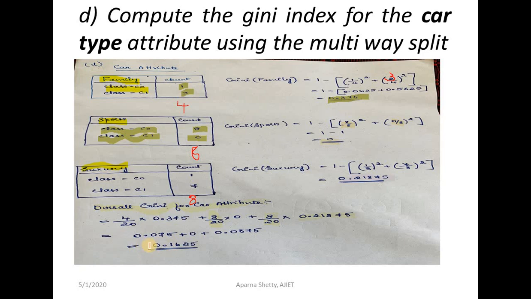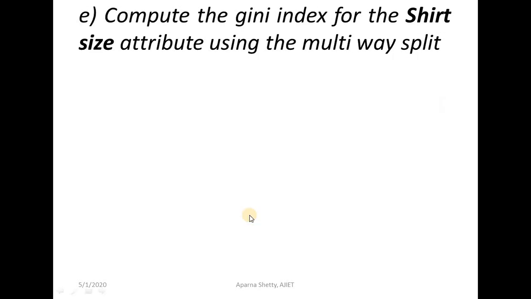Hence we will get the overall Gini value for the car attribute, that is 0.1625. This is the Gini index for the car attribute using multi-way split. Okay, let us go for the next question.